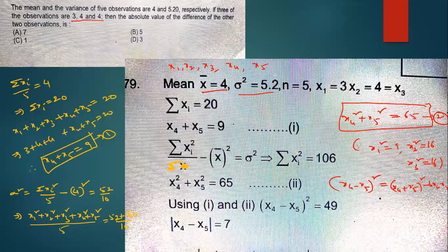Let me see. No. a plus b whole square is there, a plus b is there. That means directly, eliminating anything, you can get the answer.